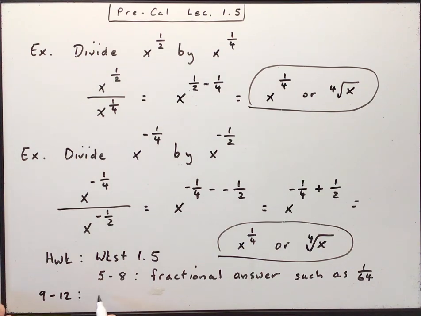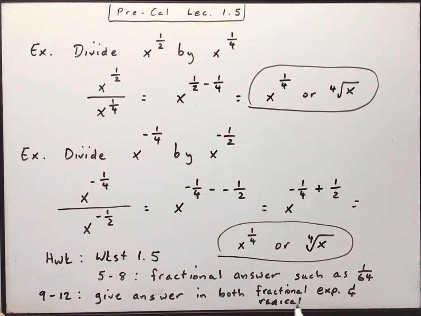So give the answer in both fractional exponent and radical form. So do just like I did on the examples. You'll end up with a fractional exponent, and then go ahead and put it in radical form as well, because that's good practice for you.